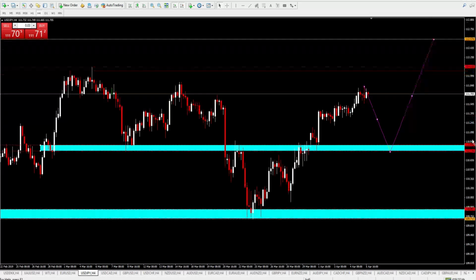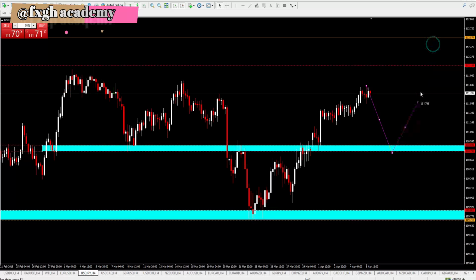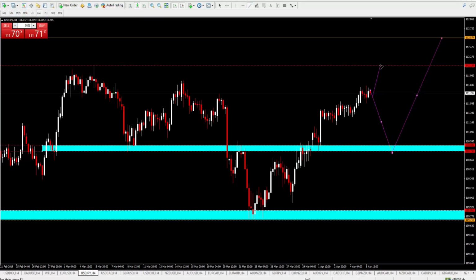So if you can get a pullback below this level, 110.793, we should see the market pushing all the way up and breaking this level all the way down. But in case we get a pullback all the way up here to test this level, we can start looking for a sell at this level too.